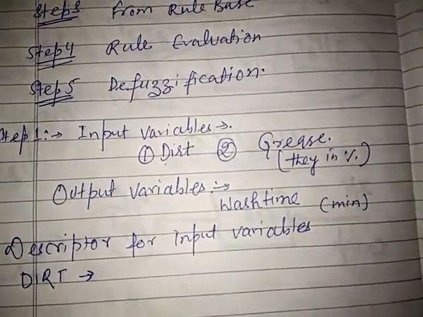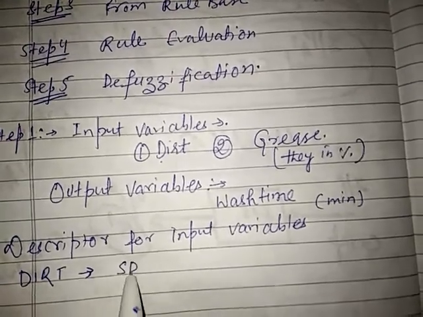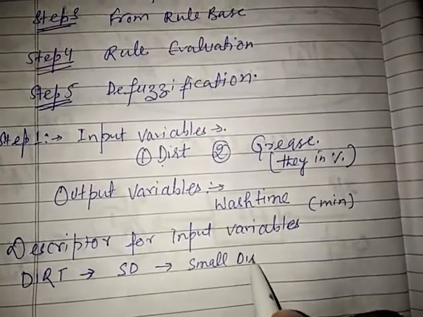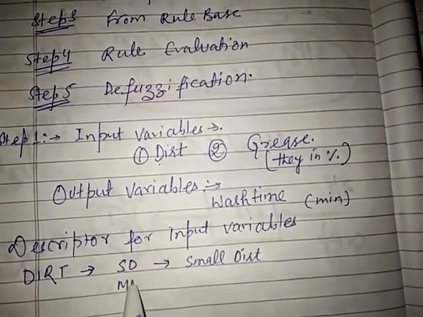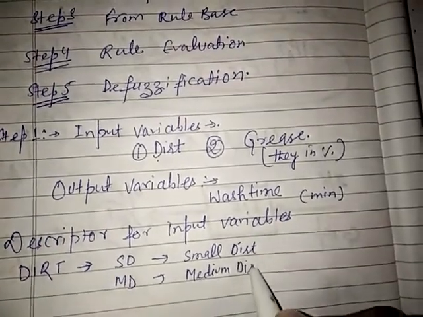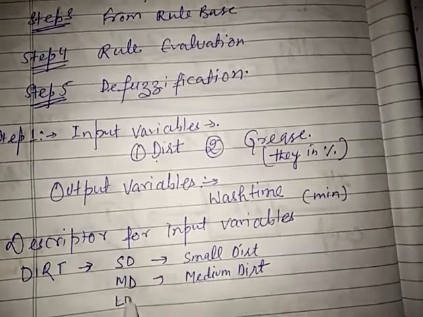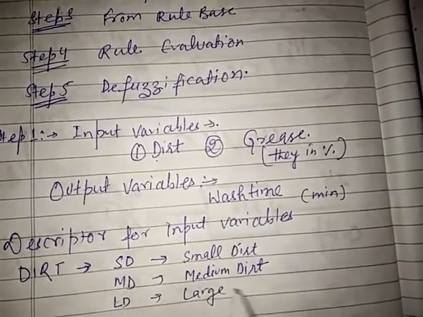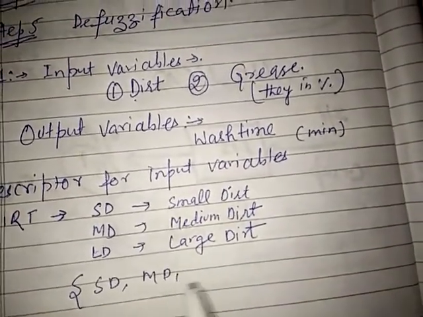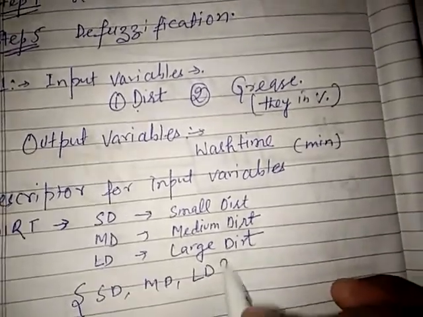For the input variable dirt, we are using SD, which means small dirt, MD, which means medium dirt, and LD, which means large dirt. These are the three descriptors.